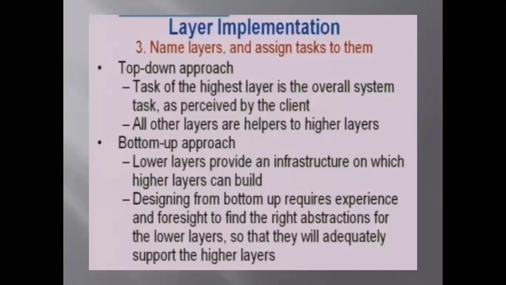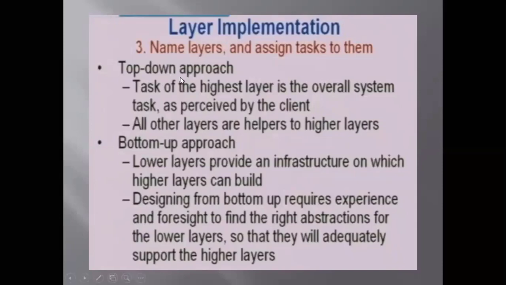So I go on naming them, and as you know, each layer has its own specific task. The bottom layer has its specific task of transmitting bits, the data link layer has its specific task of detecting and correcting errors, and the application layer has its specific task of communication activities. So it should be clearly named, and the task should be well defined.